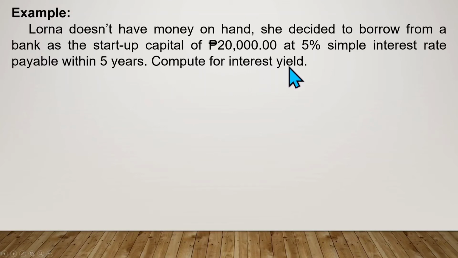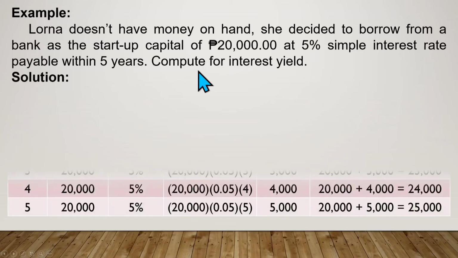Compute for the interest yield. So when we say interest yield, this is the principal plus the interest within the 5 years term. So let's have the solution.